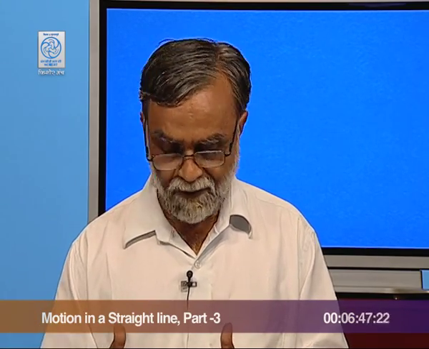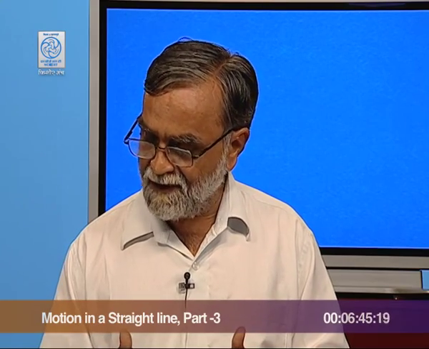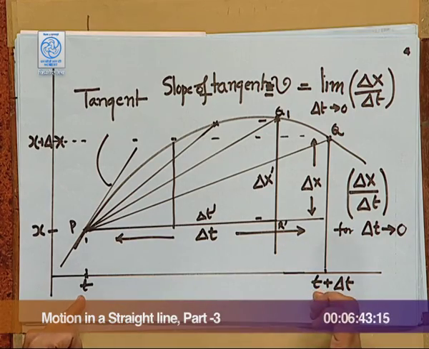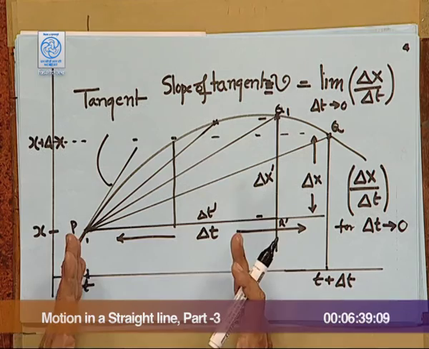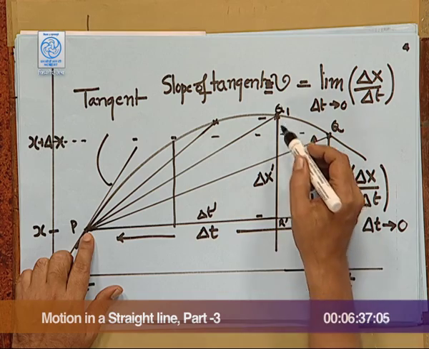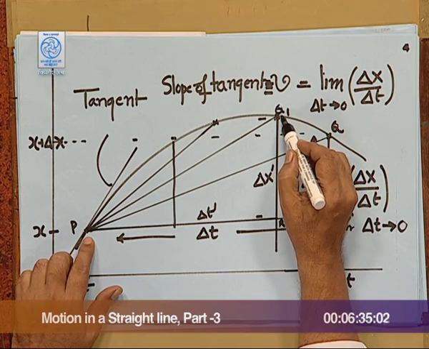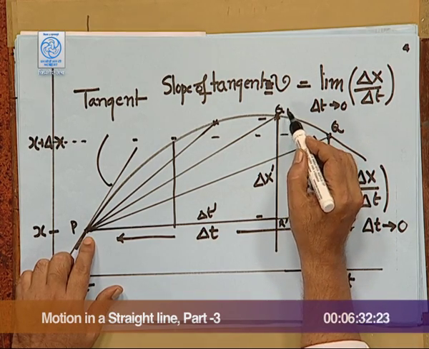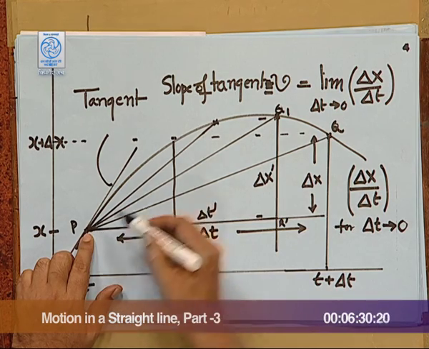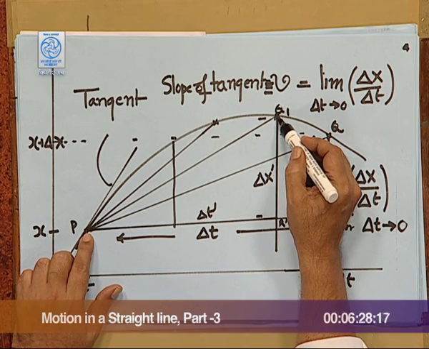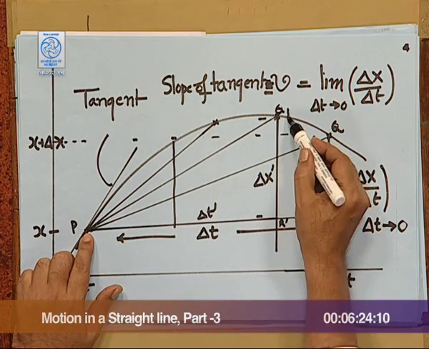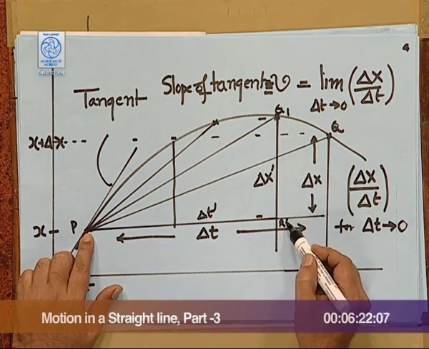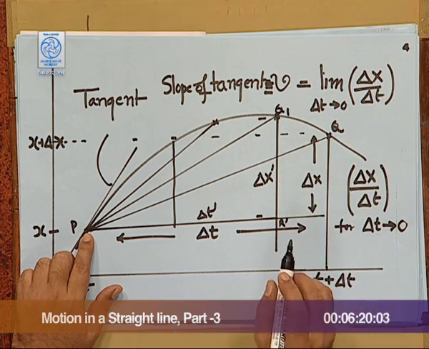Now, look, what I am going to do is to reduce this time interval between t and t plus delta t. Consider an interval of time which is smaller than this. At that instant of time, the object is at Q dash. Join the line PQ dash and form the right angle triangle PQ dash R dash, whatever it is.